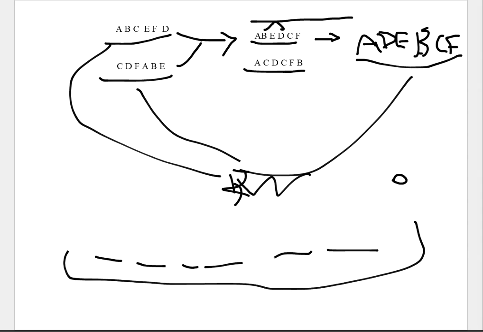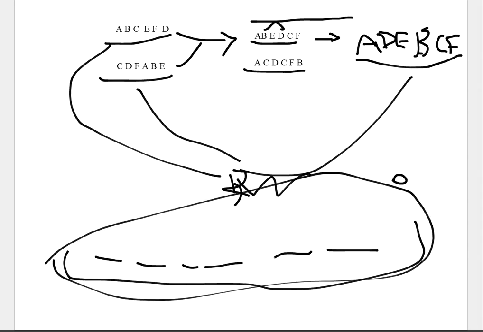But in TSP, we cannot guess or estimate at the beginning what the best solution is, because the distance changes a lot and it is not possible to guess.